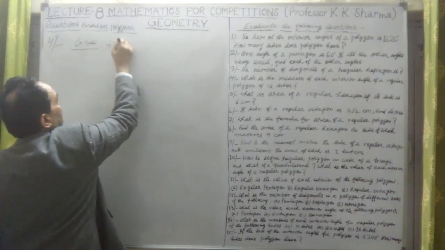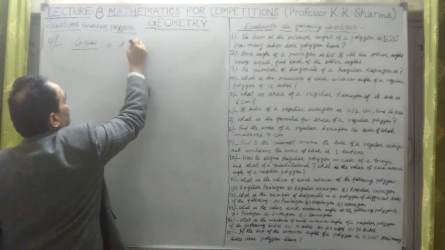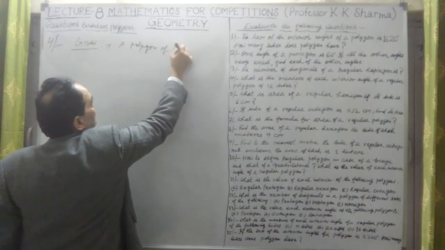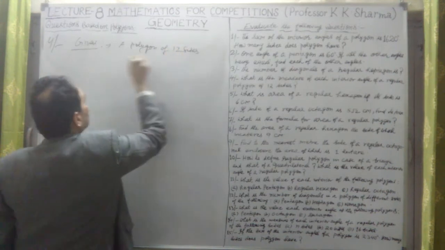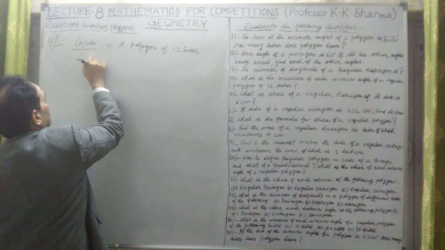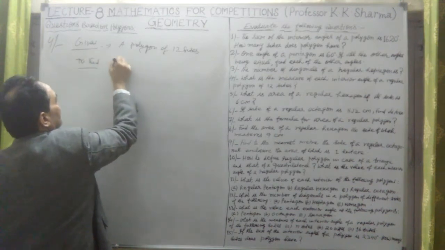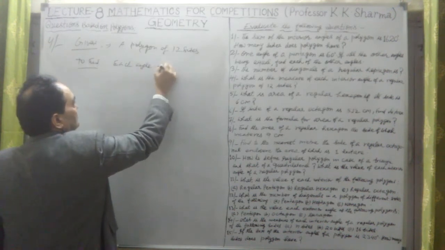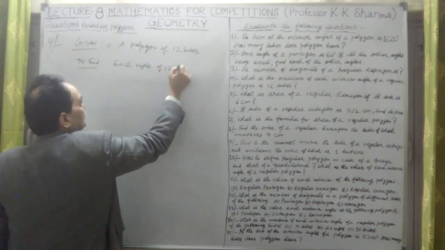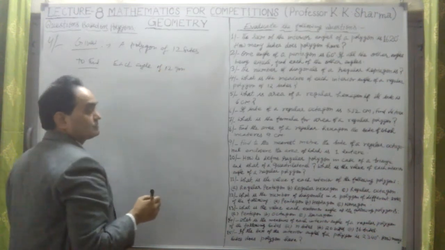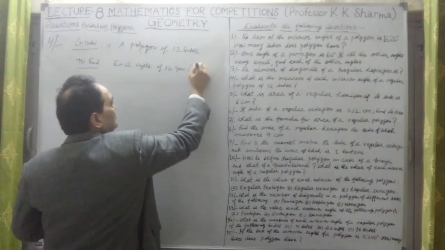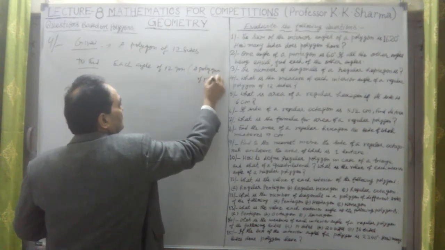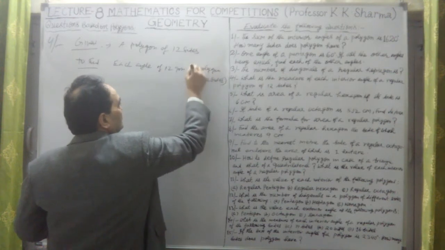So what is given to us? We are given a polygon of 12 sides. To find each angle of a 12-gon, a polygon of 12 sides.